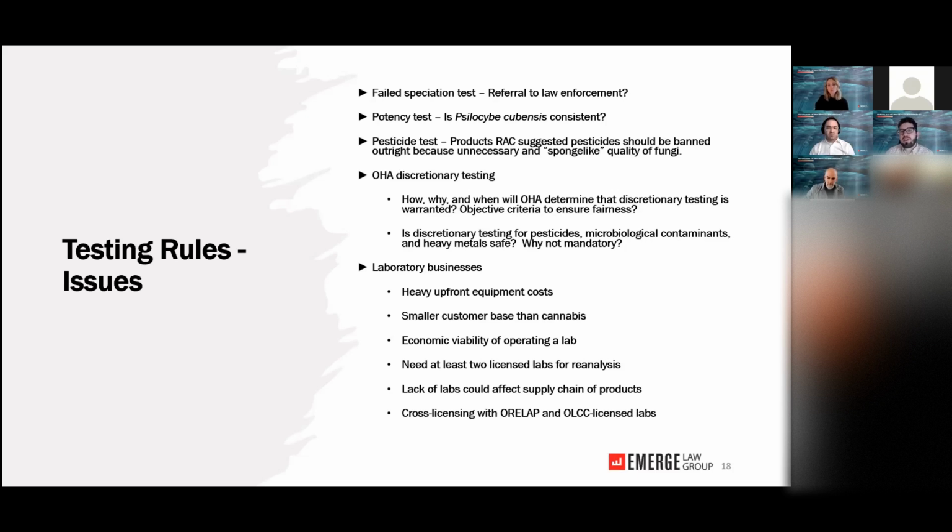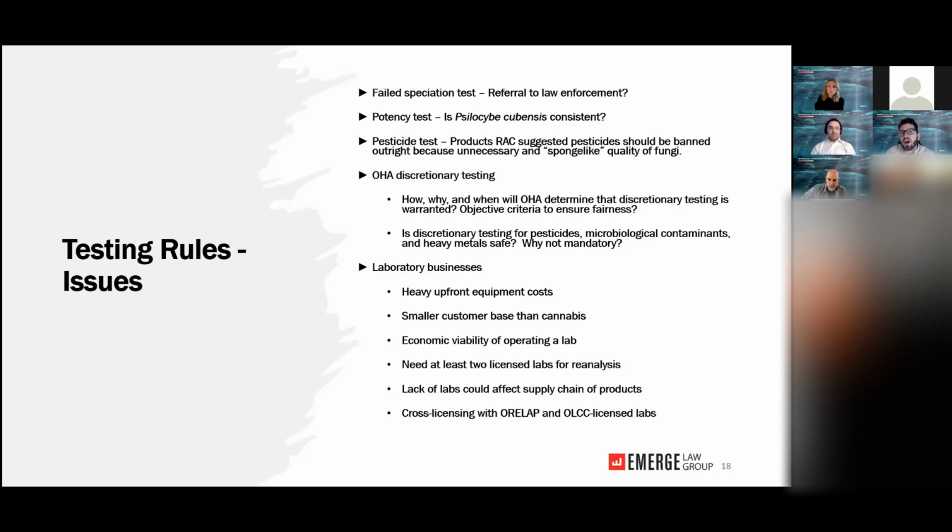And then this was something that was brought up at the Products Rules Advisory Committee last week: the suggestion that pesticides should be banned outright rather than being able to test at a certain action level, because the fungi itself is very sponge-like and is likely to absorb any pesticides that are used.